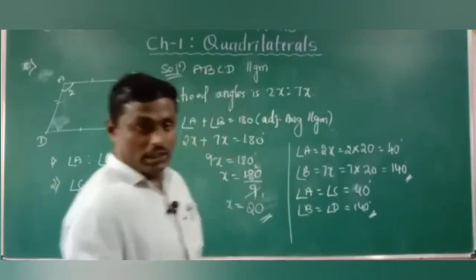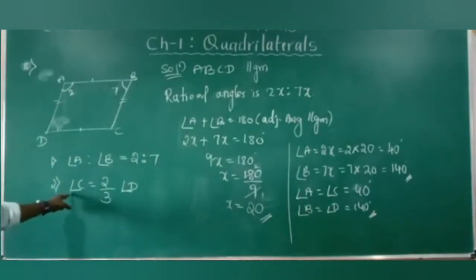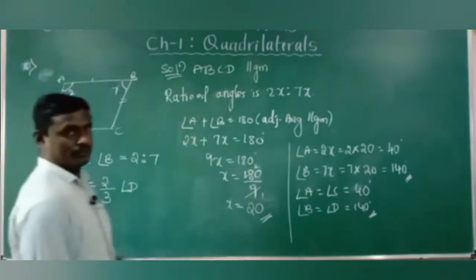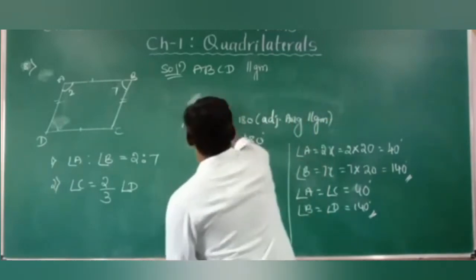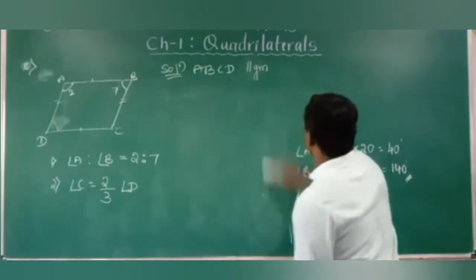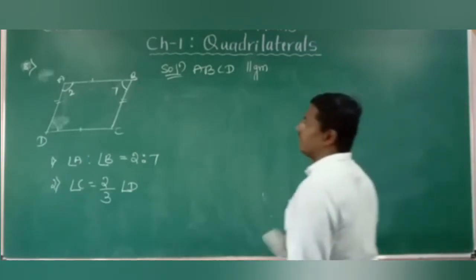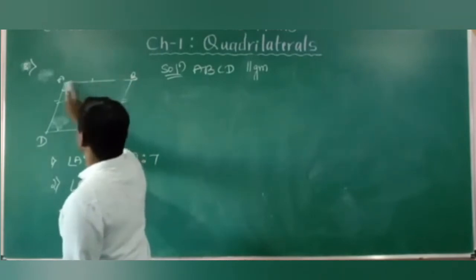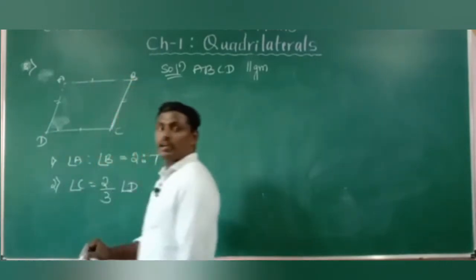Now come to the second question in that only. What is given here? Angle C is equal to 2/3 of the angle D, right? Just observe the diagram. In the diagram, angle C and angle D are again two adjacent angles, right? So angle C and angle D are the two adjacent angles.